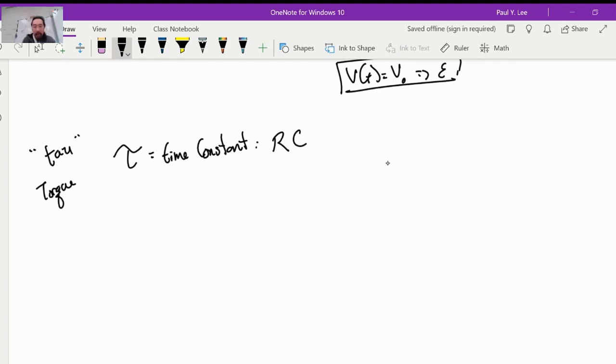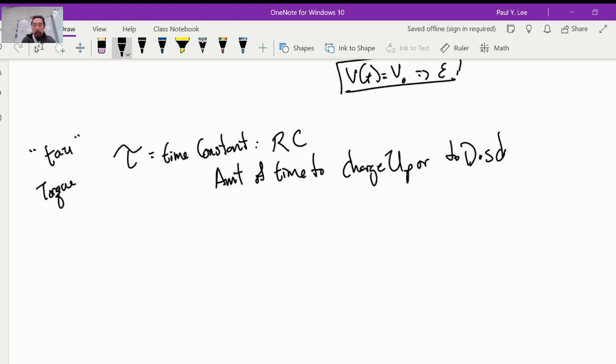What the time constant tells us is the amount of time to charge up or to discharge. Usually time constants come in with respect to fives, so when you look at a graph of a capacitor charging up, you split it up into fifths.